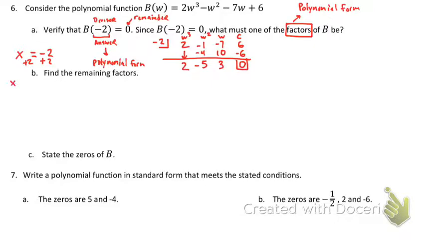And we get x plus 2 equal to 0. Here's my polyform. Okay, so one factor is x plus 2. All right. But we have more than one factor.